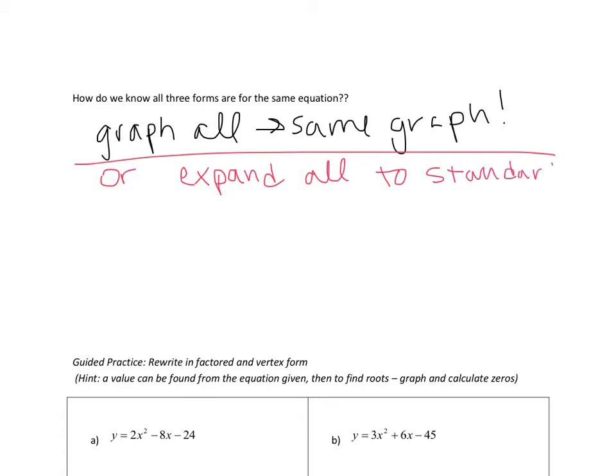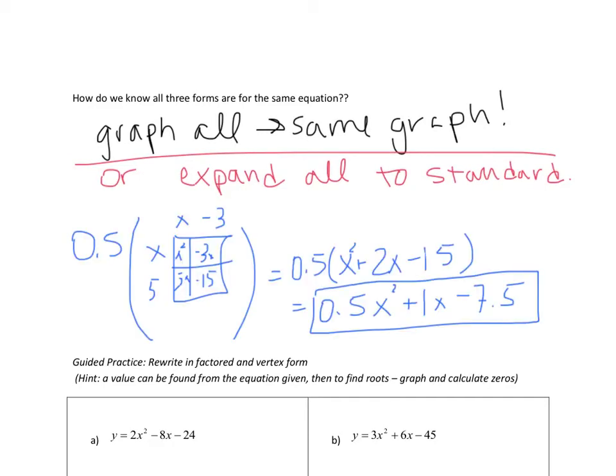So go ahead and take a moment here and expand our root form to get our general form equation. Now if you expanded that correctly using our rectangle diagram and then distributing the 0.5, you should have gotten the same general form equation, 0.5x squared plus 1x minus 7.5, which tells us all of our equations are in fact the same equation.